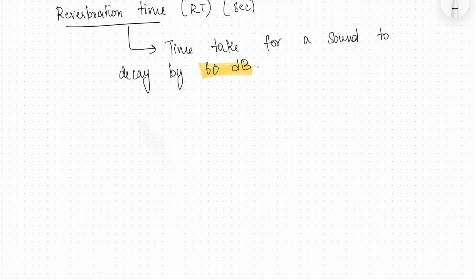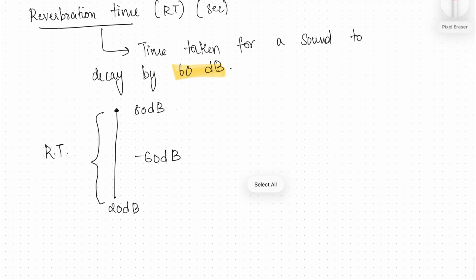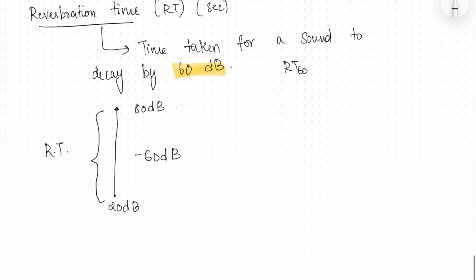Let us say you have a sound at 80 decibel and the time taken for it to fall by 60 decibel, so 80 minus 60 is equal to 20 decibel, right? So this is your minus 60 decibel, and whatever time it took is your RT. Sometimes they also call it RT60 just because of that 60 decibel.